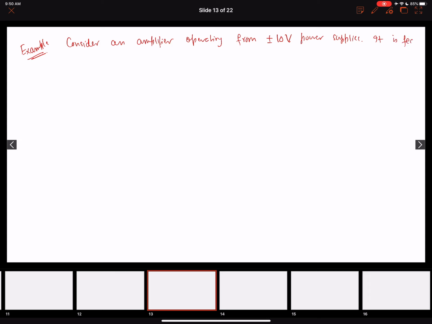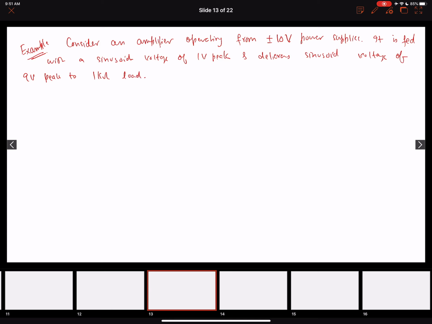The amplifier is fed with a sinusoid voltage of 1 volt peak and delivers a sinusoid voltage of 9 volts peak to a 1 kilo ohm load.